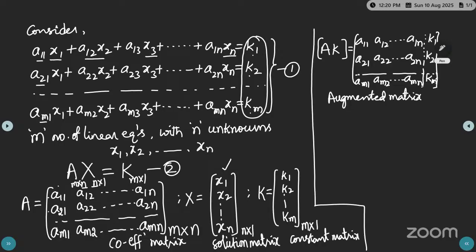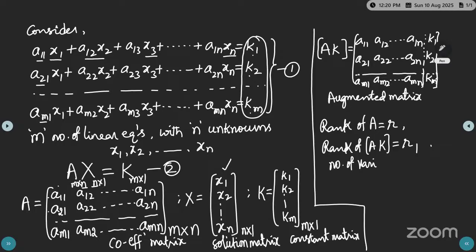Now in the Gauss elimination method, you reduce it into row echelon form and find the rank of A. Let rank of A equal r, rank of the augmented matrix [A K] equal r1, and the number of variables equal n.